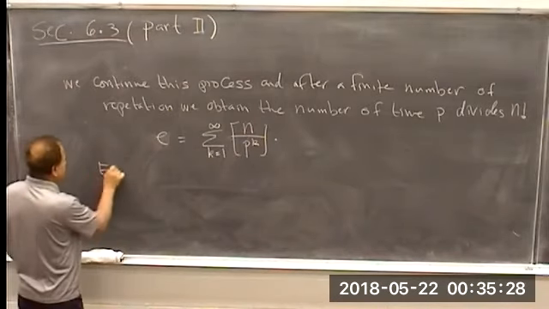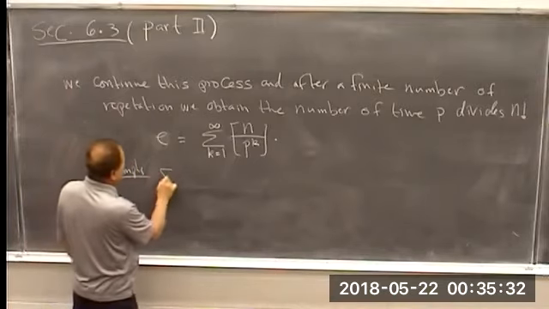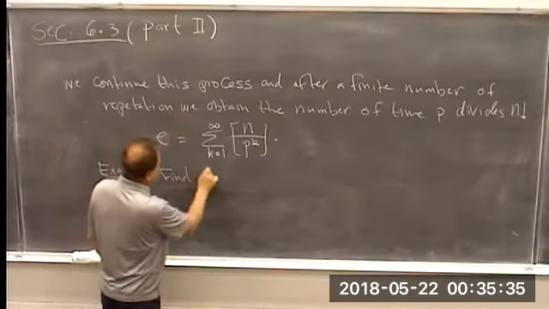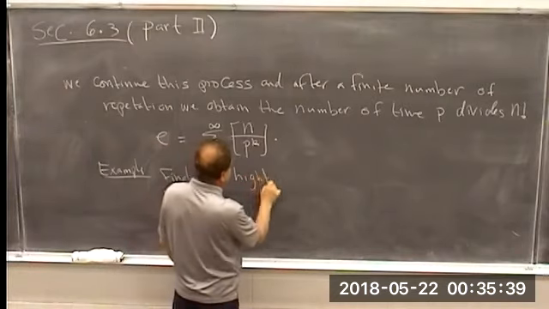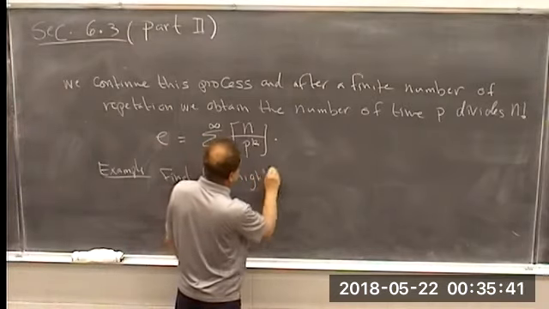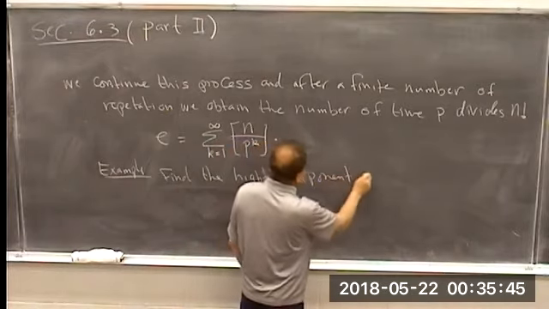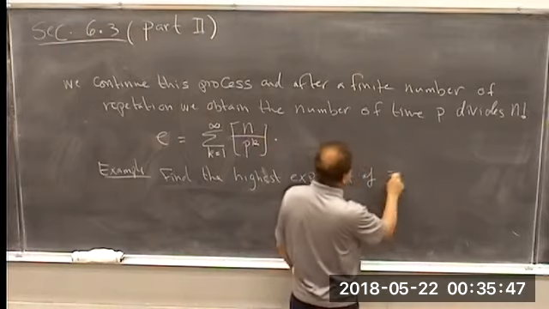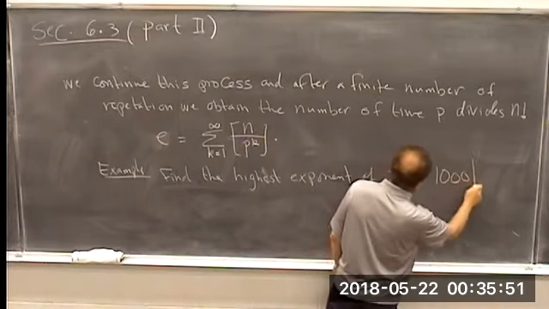So here's an example. Let's find the highest exponent of 3 in 1000 factorial.